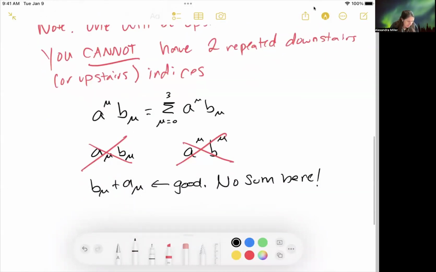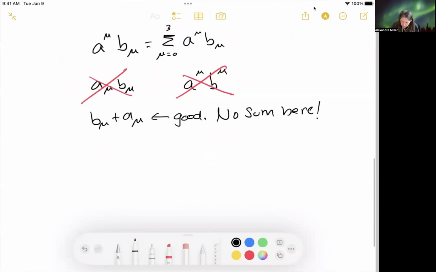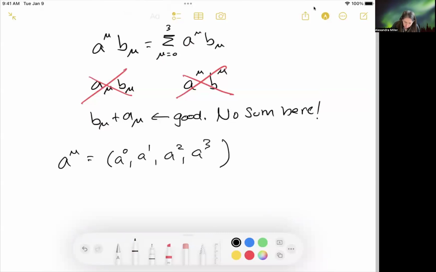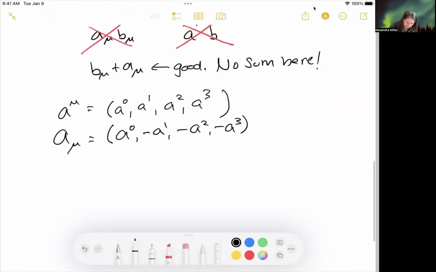So let's actually do an example using this. Let's calculate: if A upper mu is A0, A1, A2, A3, we've learned A lower mu is A0, minus A1, minus A2, minus A3. And then let's say we have some other vector, B mu.